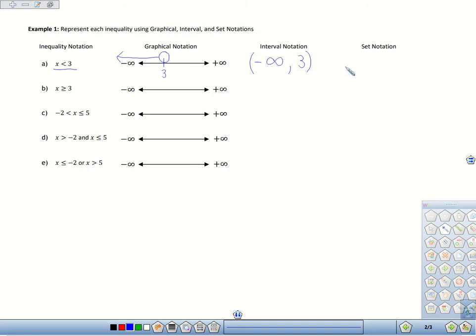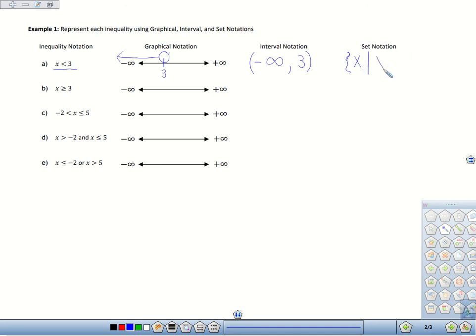Now we're going to talk about set builder notation. In math, when we're talking about mathematical sets, we use this squiggly bracket. And this is going to denote a set. When you're talking about a set, we usually say X such that. So it's like a straight line, and that's how you say that in math. X such that. And then we would say, what are the bounds of X?